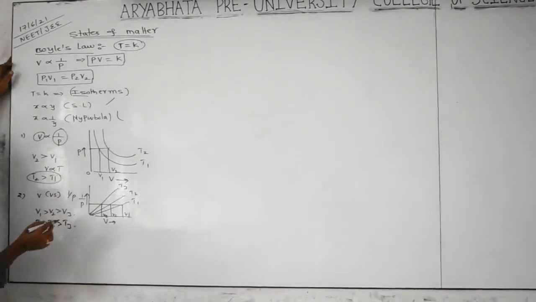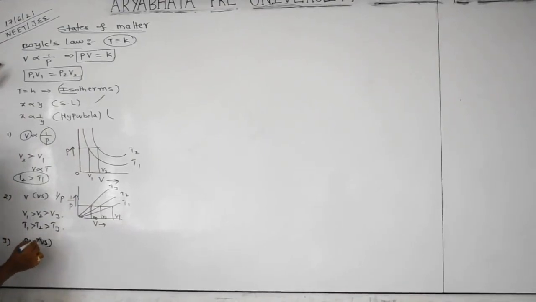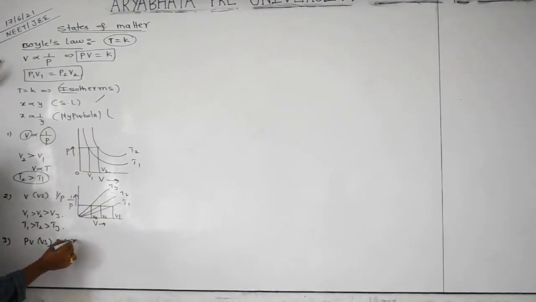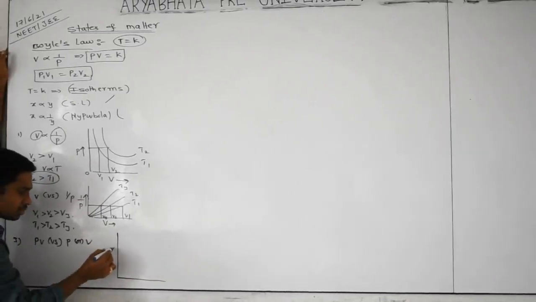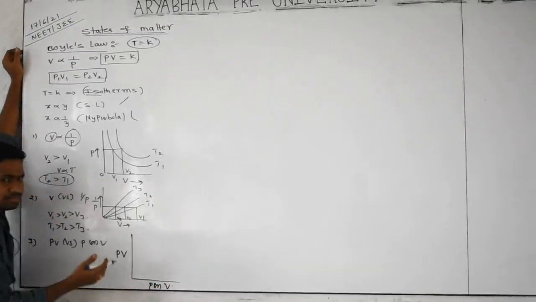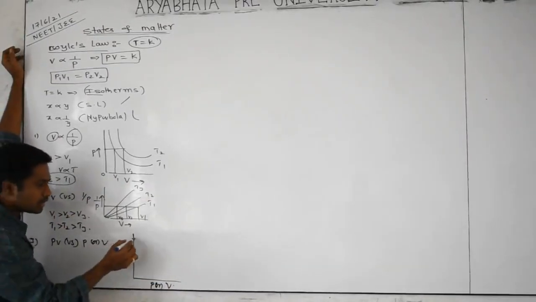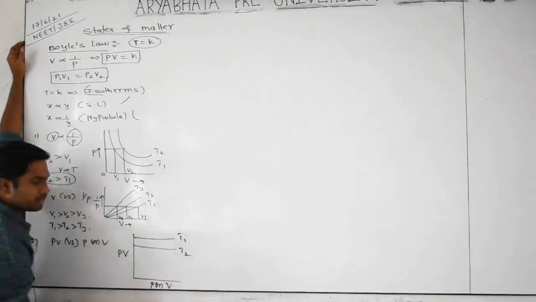Yes. I want to tell you some other graphs: PV versus either P or V. If you take PV values on the y-axis, and pressure or volume on the x-axis, the PV value will always remain constant. So we get T1 temperature and T2 temperature.